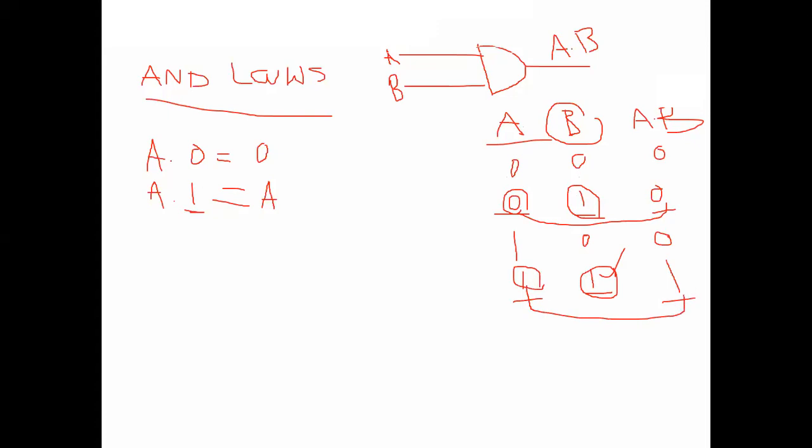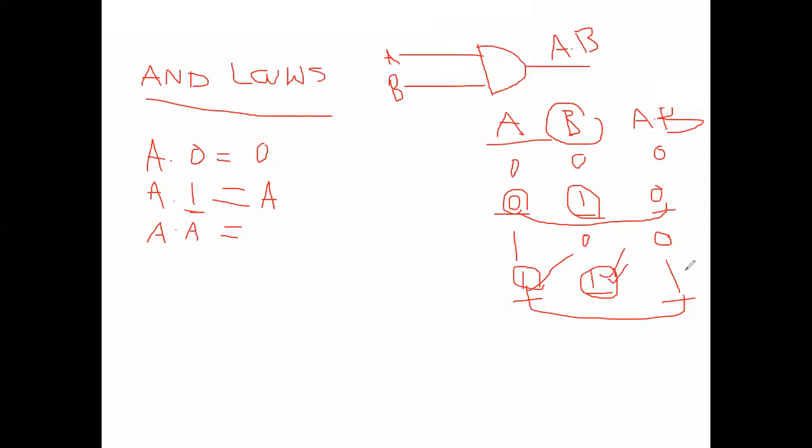Now the next one is A into A. Generally in mathematics, A into A means A square, but that is not correct here. These belong to logical operations. A into A means, here, A is 1, B is 1.